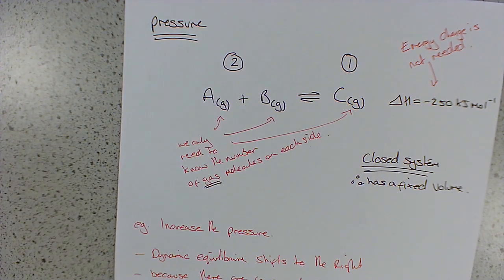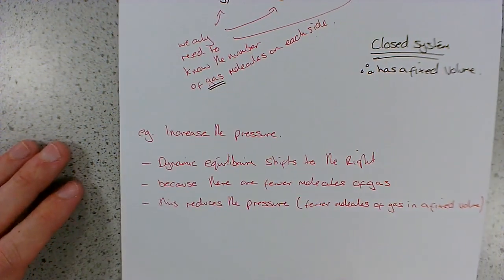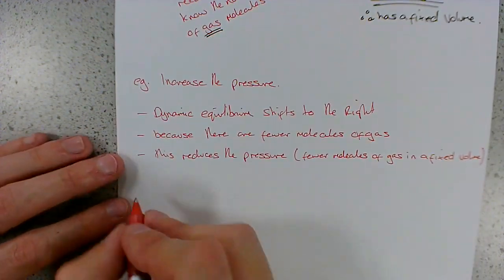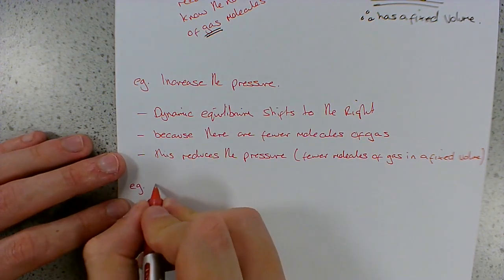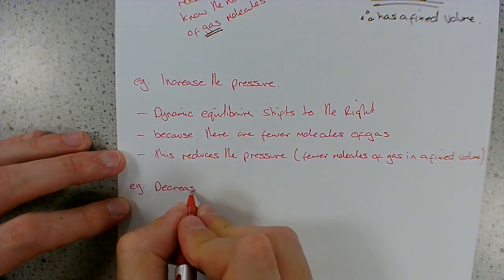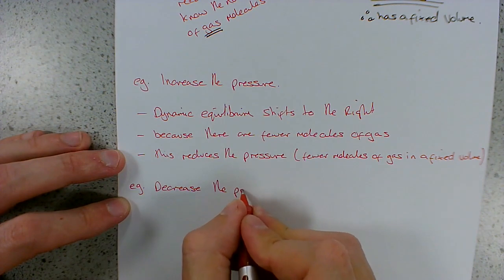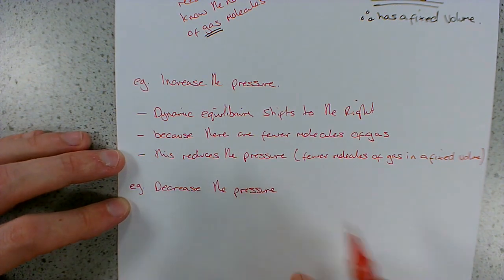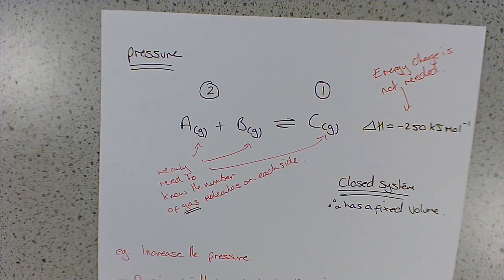If I was to do the opposite of that, if I was to decrease the pressure, Le Chatelier's principle states that it will shift to oppose that change, it will shift to increase it. So it's got 2 choices.